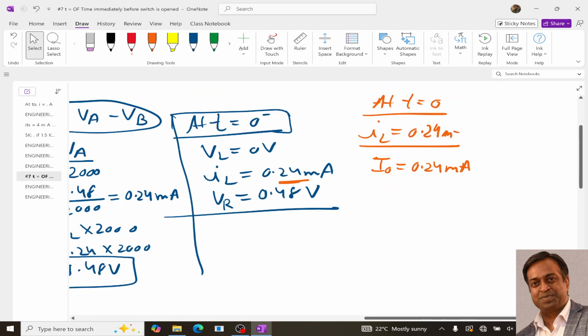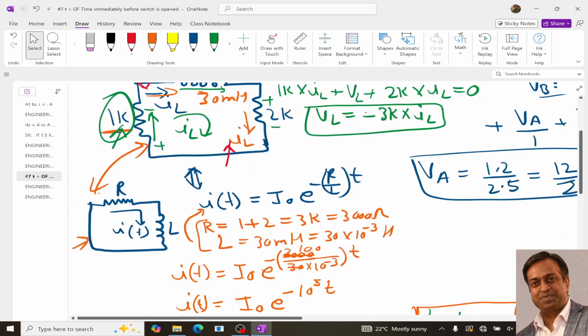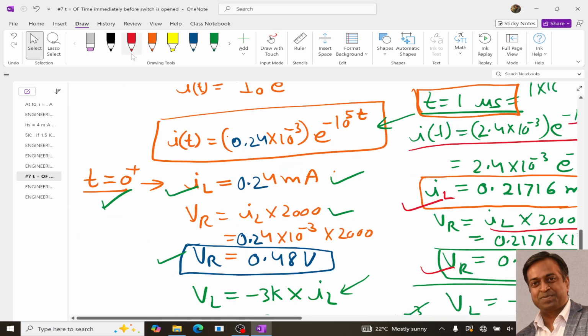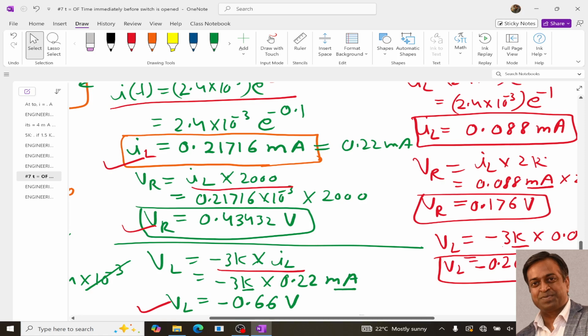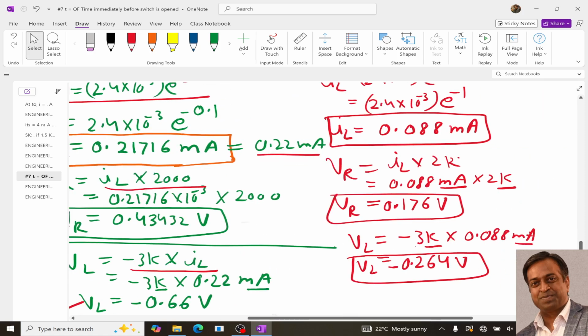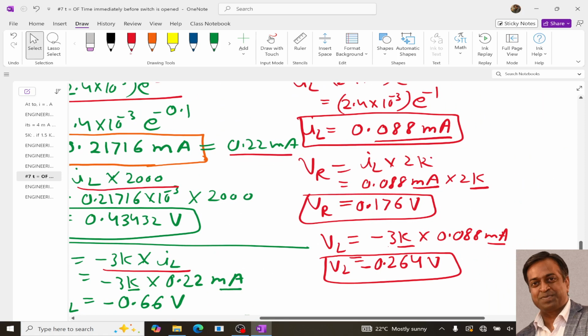At 0 plus IL is 0.24, at 1 it is 0.22, and at 10 it is 0.088. So the current has decreased.